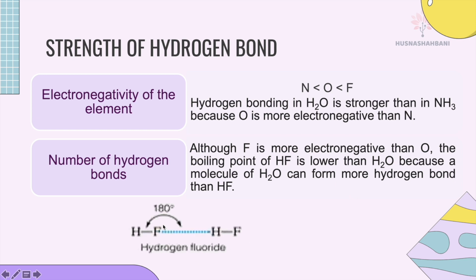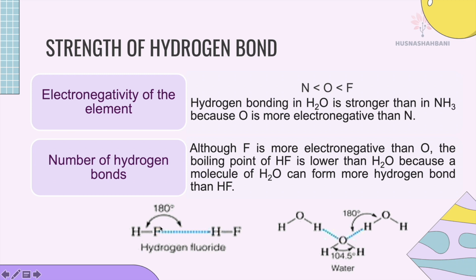This is the molecule of HF and another molecule of HF. One hydrogen bond can be formed between the atom F in one molecule and atom H of another molecule. But if you look at water, if there are 3 water molecules, you can form 2 hydrogen bonds. One water molecule can form 2 hydrogen bonds with other water molecules, if 2 water molecules are available.